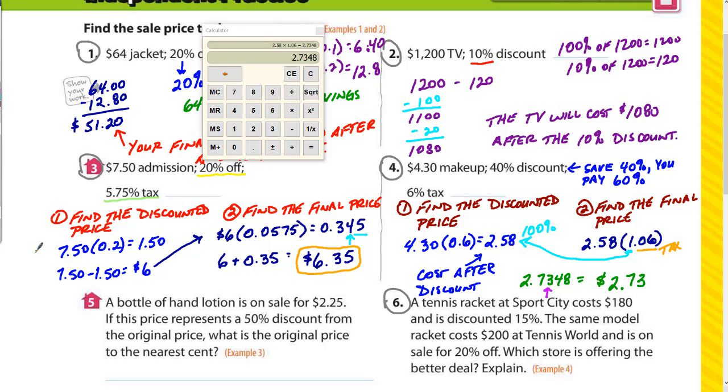Who knows? I might be buying makeup to do my Halloween costume. And that makeup is going to cost me $2.73. That is the final after the taxes. You can check that using this method if you'd like to. I know you're going to find it works exactly the same.